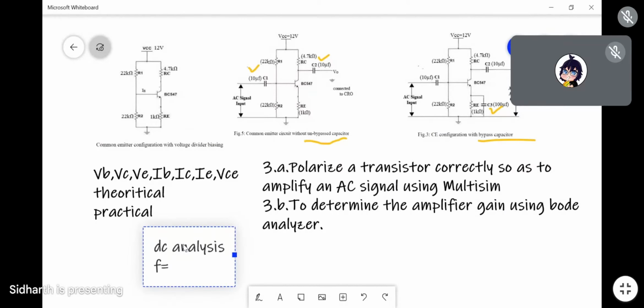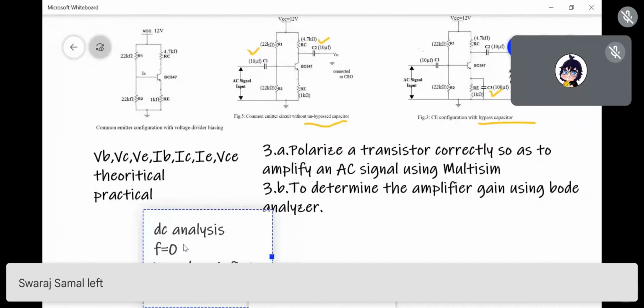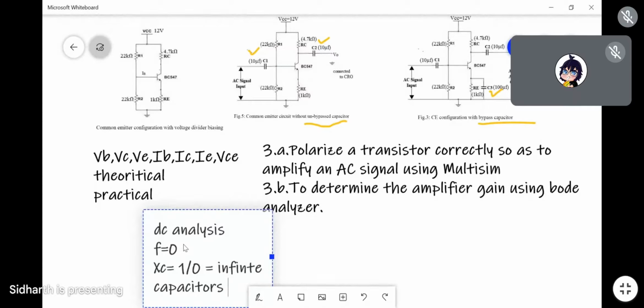So the reactance value, that is your XC, will be 1 by 0. That means it will be infinite, right? So all the three capacitors will act as open circuit. I'm writing in short form, okay? Open circuit. So this is the case of DC analysis.